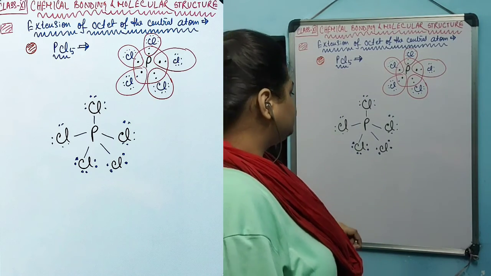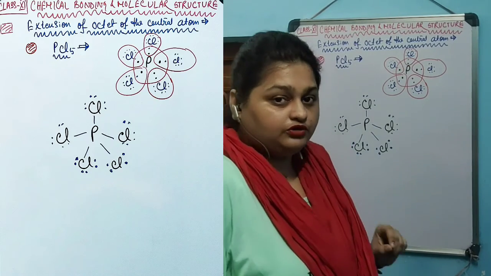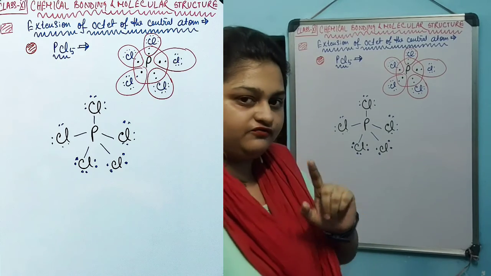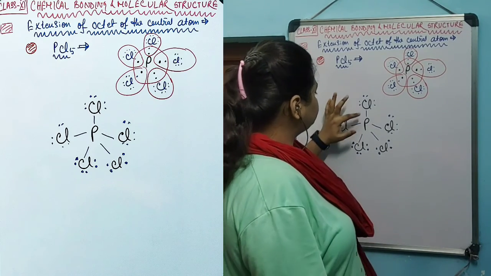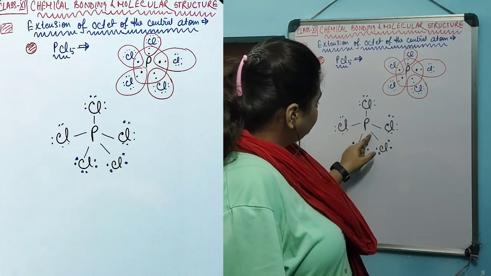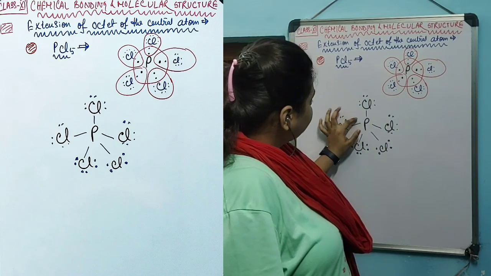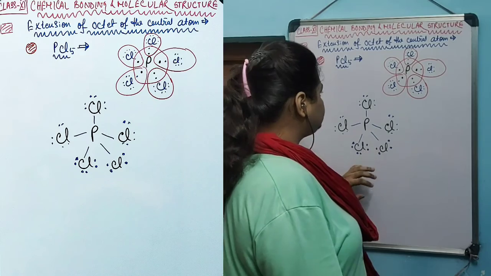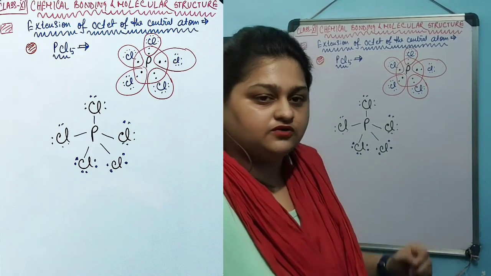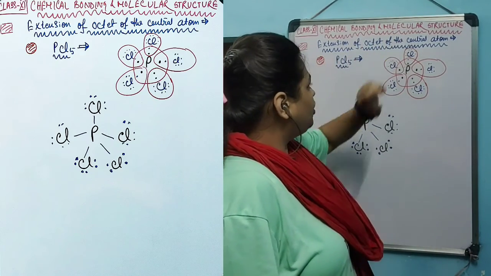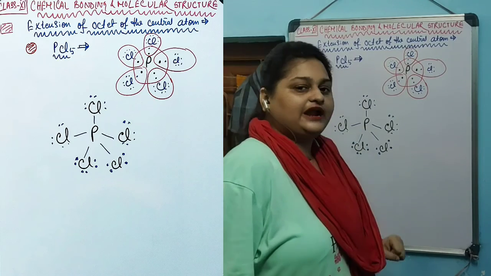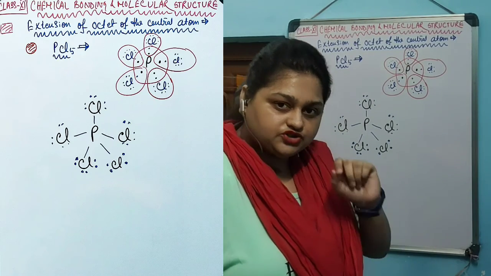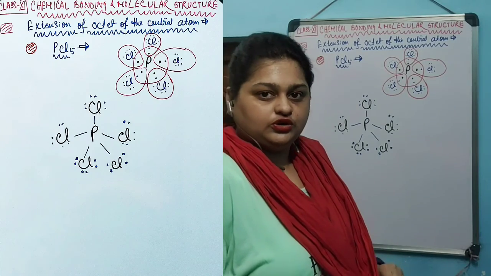So the octet is fulfilled for all the 5 chlorine atoms. But the phosphorus, the central atom, possesses 1, 2, 3, 4, 5, 6, 7, 8, 9, 10, so 10 electrons in its valence shell after the formation of PCl5. So an expansion of the octet for the central atom can be observed in the PCl5 molecule, which violates the octet rule.